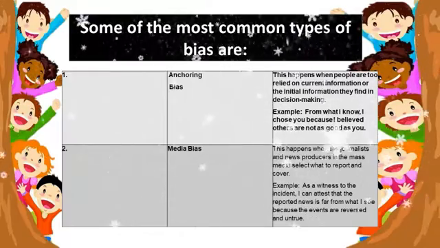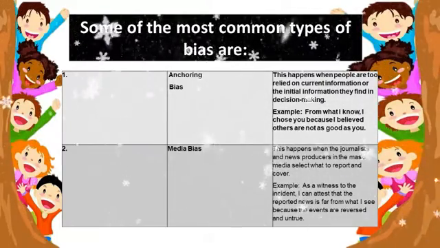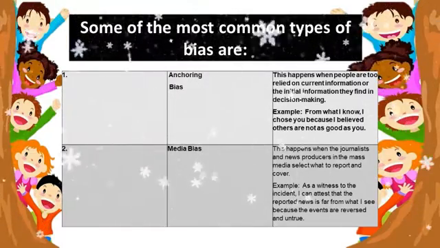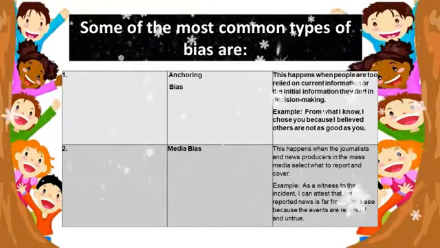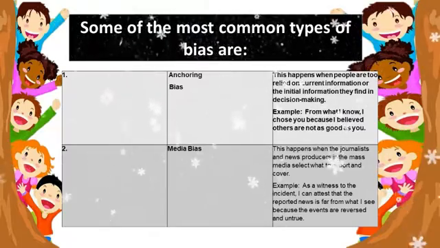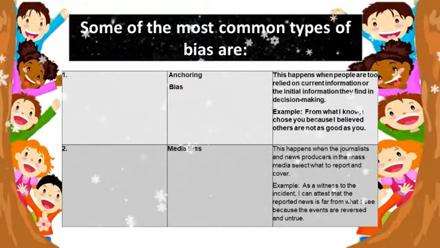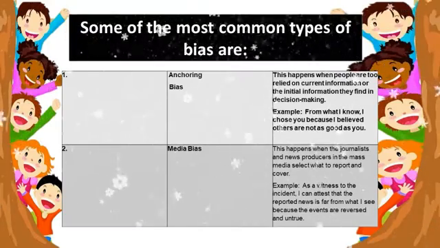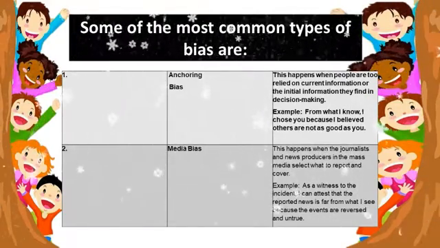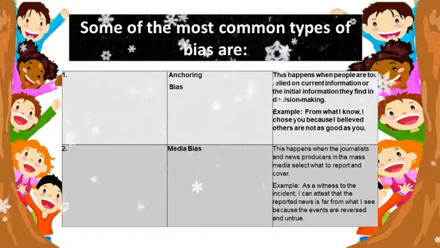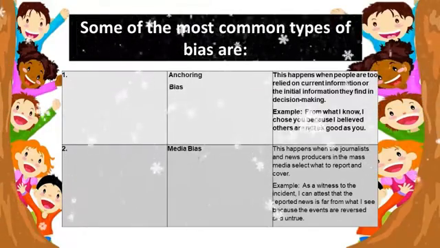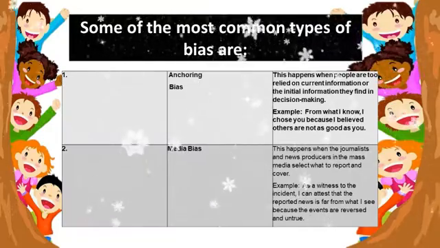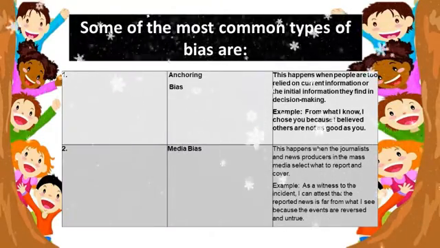Meaning the reporter is not giving accurate information to the viewers or listeners. They do not base it on the accurate things that happened in that particular news. So that is bias. Media bias, okay? Next.